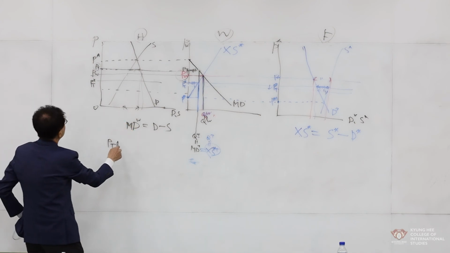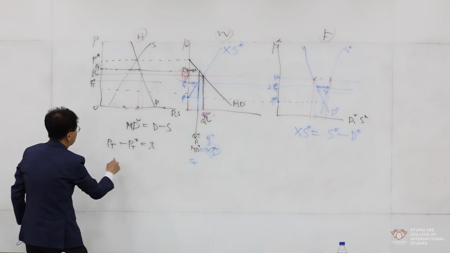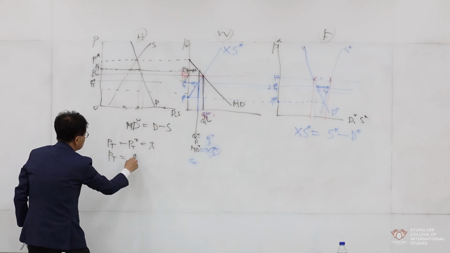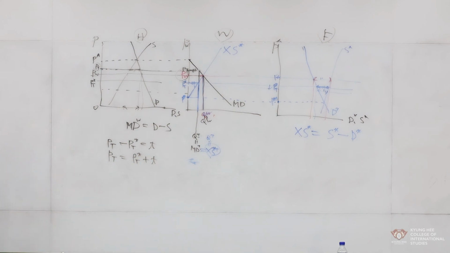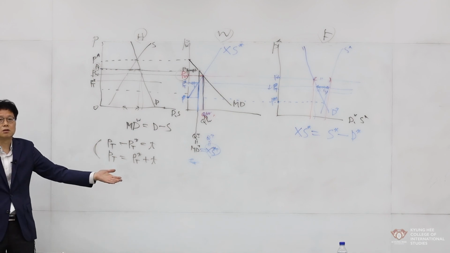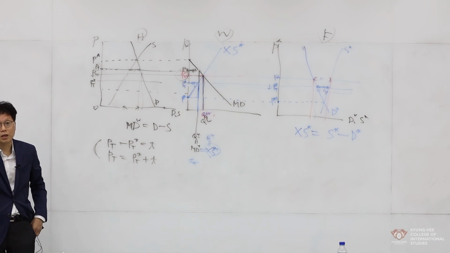Right? So PT minus PT star is the tariff. Or PT is equal to PT star plus tariff. Can you understand? So from here we know that the Australian government didn't do anything. Only the Korean government imposed tariff.